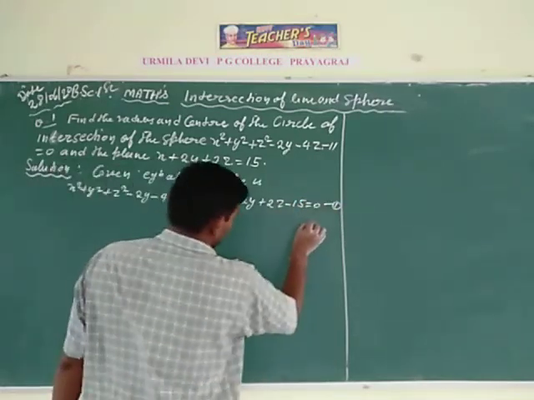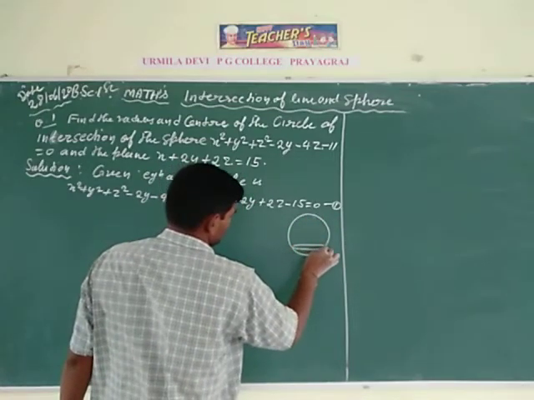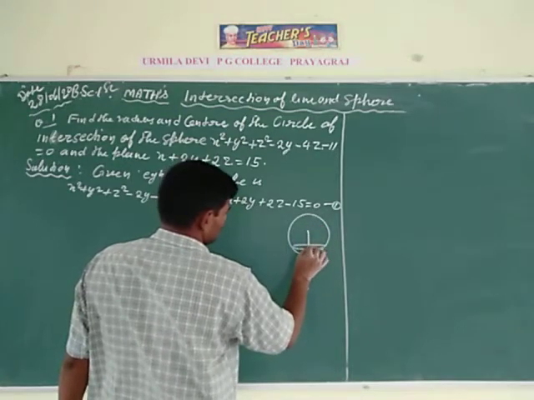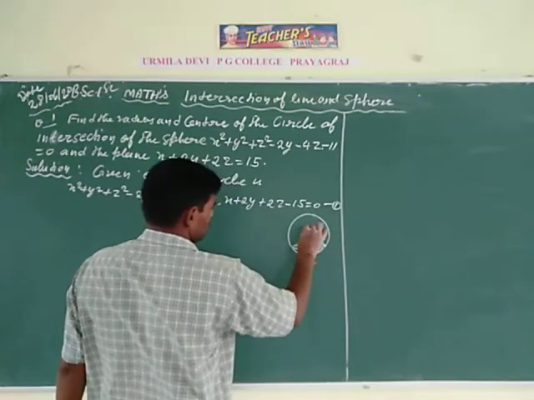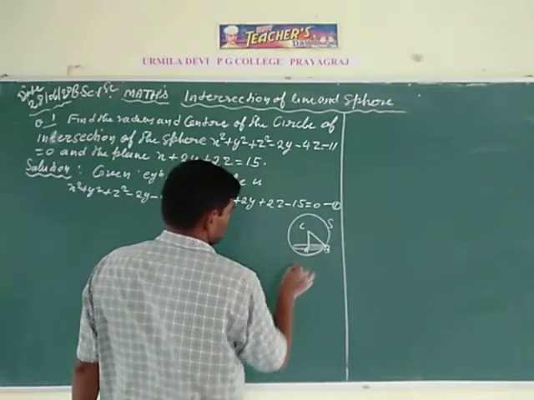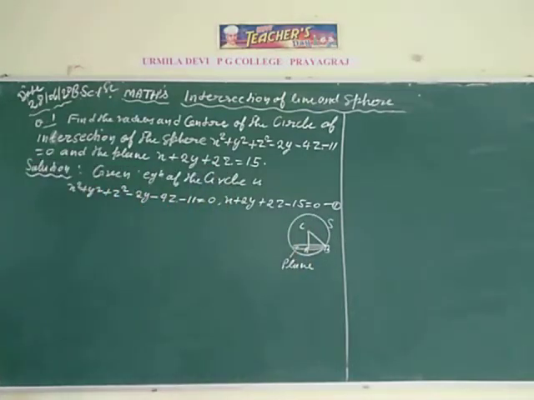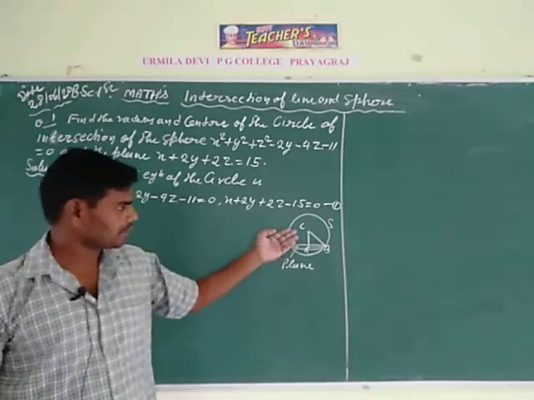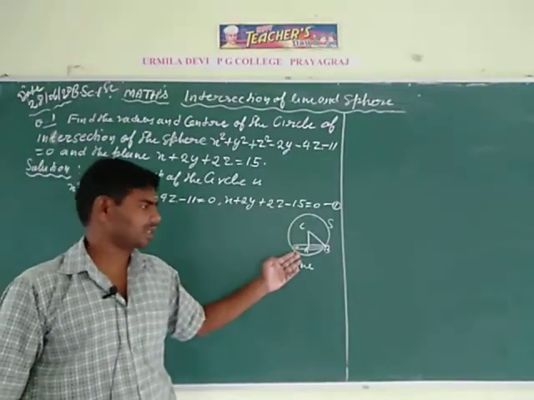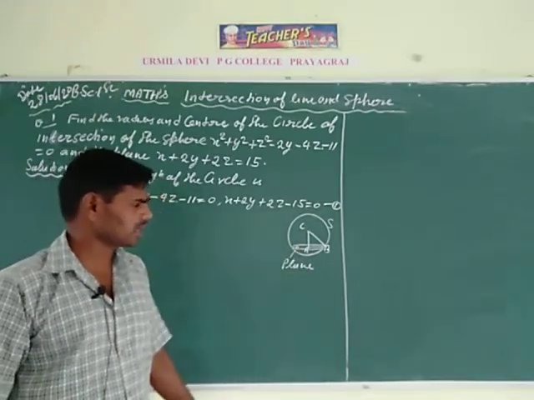Here please draw a figure. Suppose this is a sphere and this is the intersecting plane. From the center, draw a perpendicular line to the intersecting plane, and suppose the point is B. The plane means x plus 2y plus 2z minus 15, and S means the given sphere equation, with center C. Draw the perpendicular line from the center to the intersecting plane, meeting at point capital A. Capital A is the center of the circle.